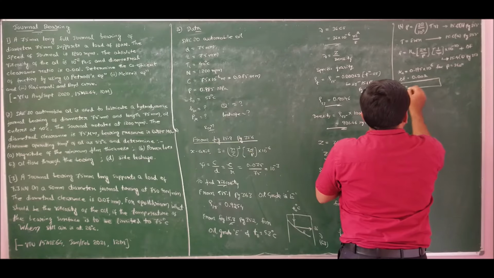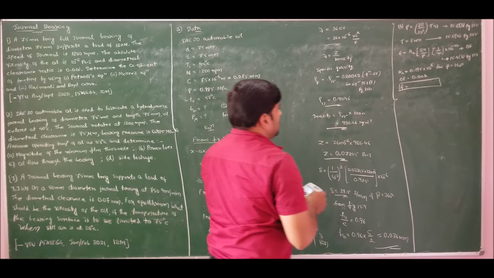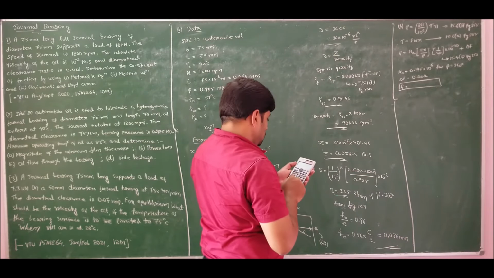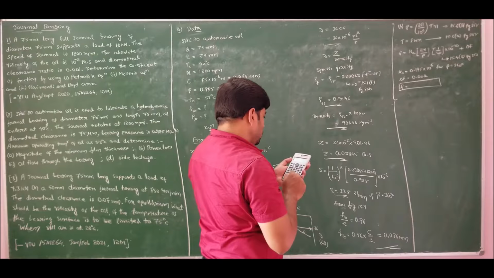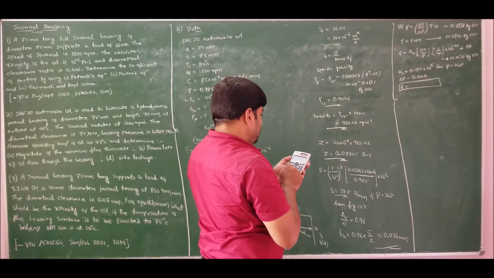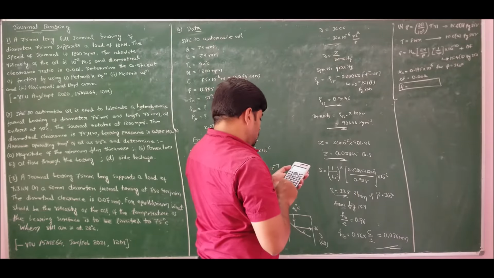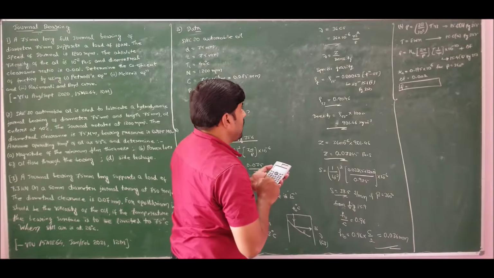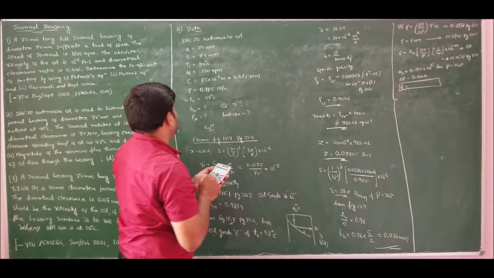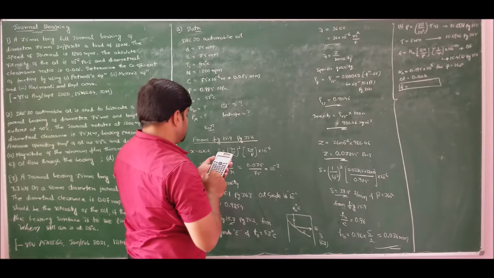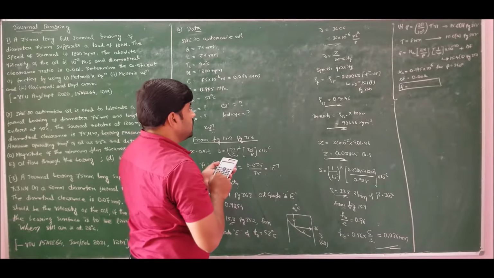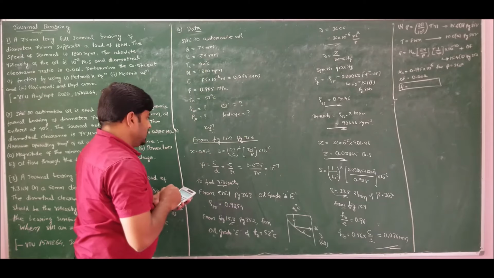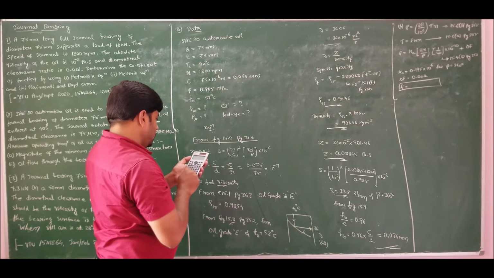So if I substitute all the values and solve, I get the coefficient of friction as 0.195 into 10 to the power of 6 multiplied by Z, which is 0.03245, into small n. Small n is RPS, that is 1200 by 60, which is 20, divided by P. P is pressure, which is given as 0.985.